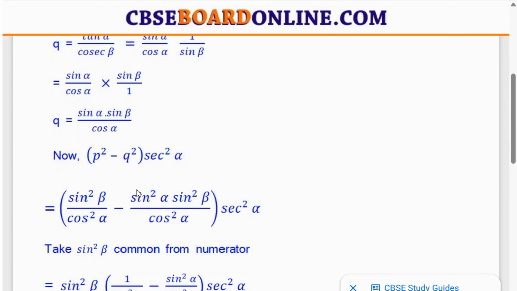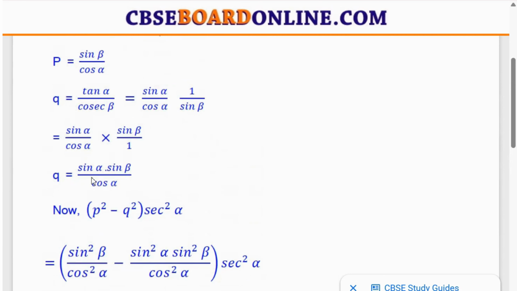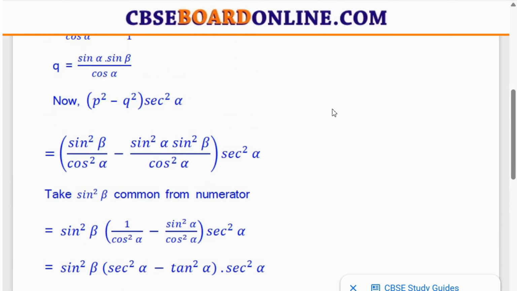Now P square minus Q square upon sec square alpha. We have to simply put our values of P and Q into this equation, and then we are taking sine square beta as common if you are going to solve this further.